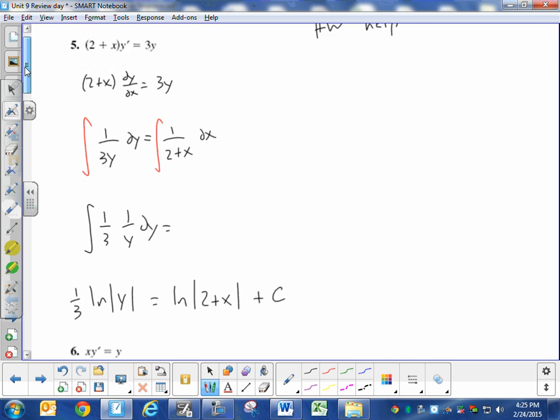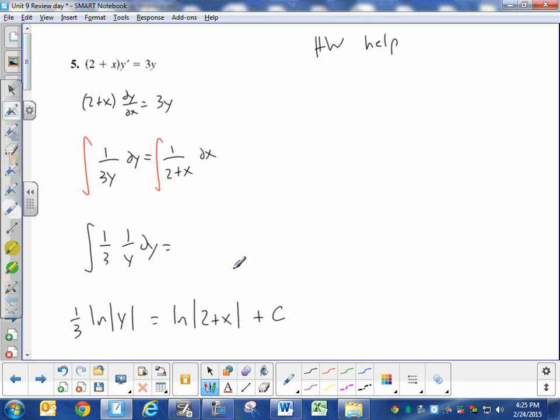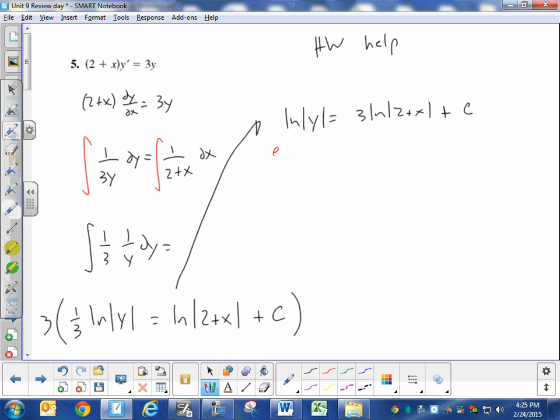If we wanted a y equals solution, and we're going to be asked to solve these for y, we need to first multiply everything by 3, giving me log absolute y is equal to 3 log absolute 2 plus x. 3 times the c would just be c. Then I'm ready to solve for y by taking e to the power of both sides.